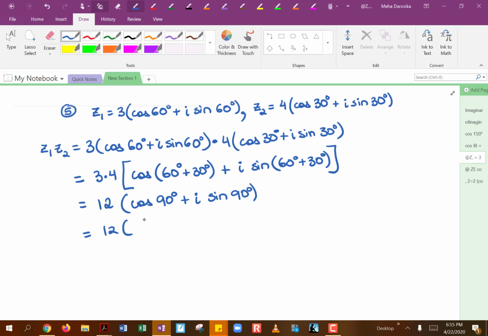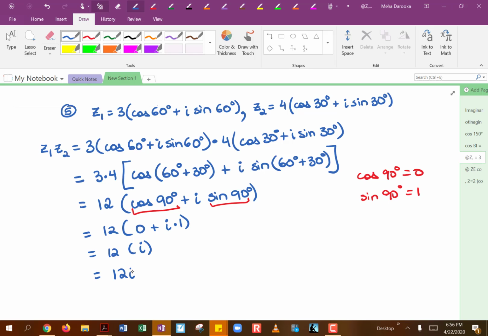So cosine of 90 degrees is 0, sine of 90 degrees is 1, so this will become 0 plus I times 1, which will of course just become I, and you end up getting 12I as your product for Z1 times Z2.